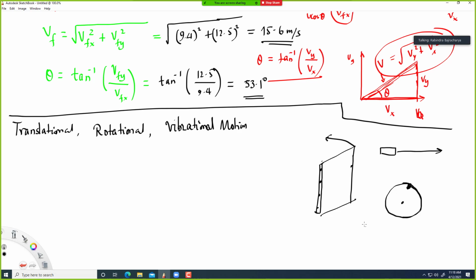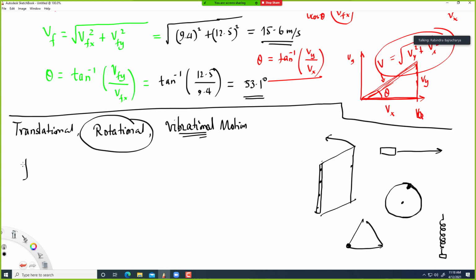Vibrational motion is you drop a pendulum from some height, it will swing back and forth. That's vibrational motion. Let's say you have a spring, you attach some mass to the spring and then pull the spring down and then let go. The spring will move back up and down. That's vibrational motion. So we'll talk about that next time, but now we'll talk about rotational motion.